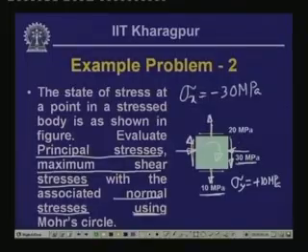Now, since here this is a clockwise rotation, so these are negative shear. So is on this particular surface. Now, since this is causing anti-clockwise, so this particular shear is a positive shear.